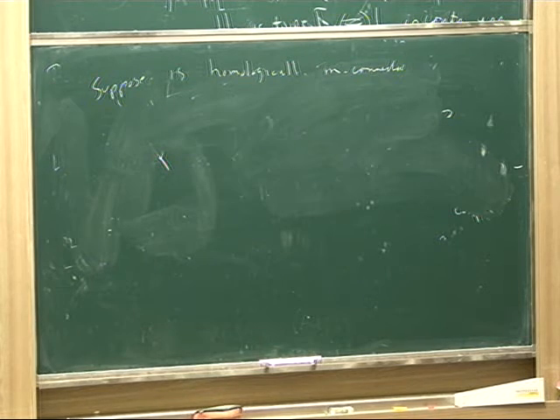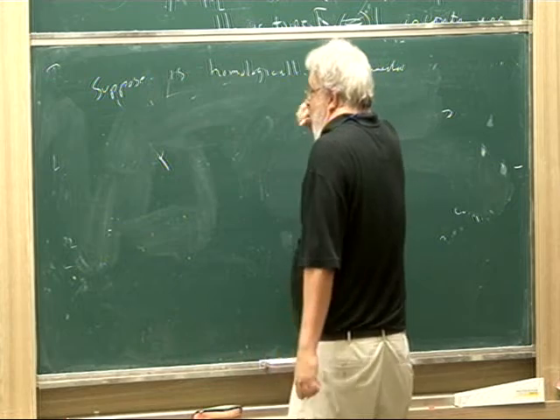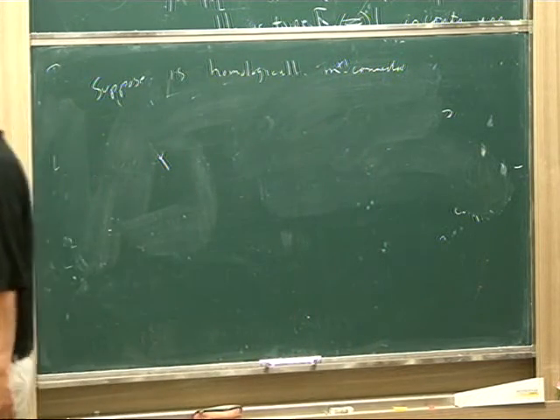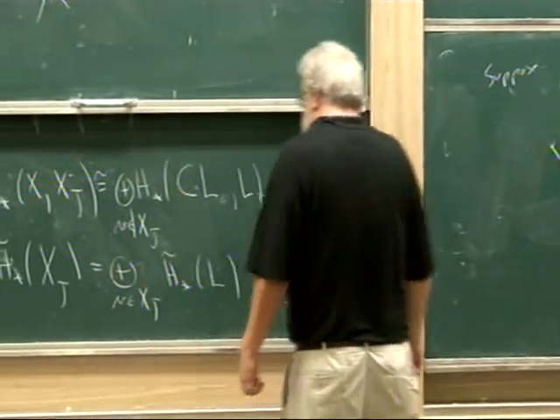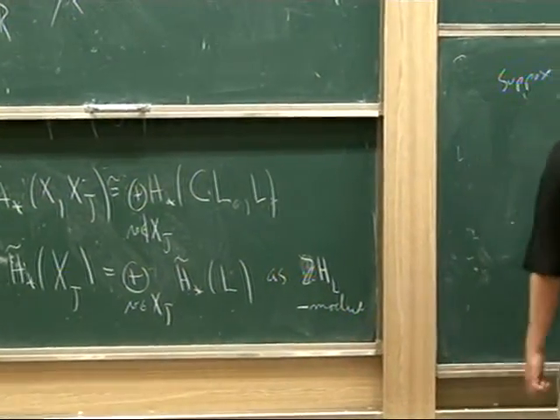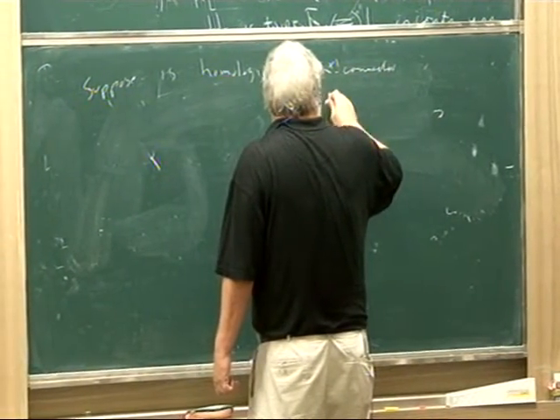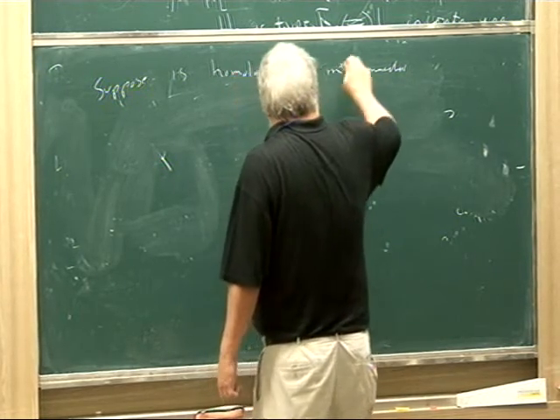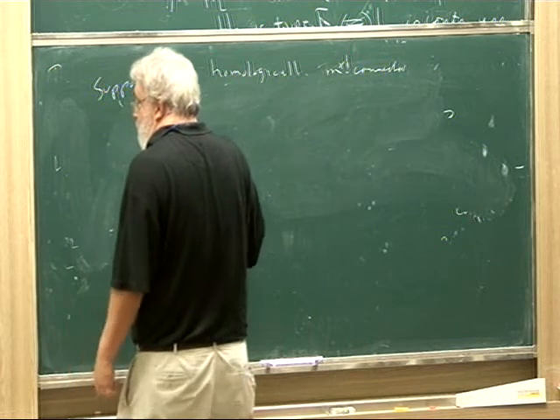What did I say up there? Homologically m plus 1 connected. So that says that L has no homology below dimension m plus 1. In dimension m plus 2, it might have some homology.